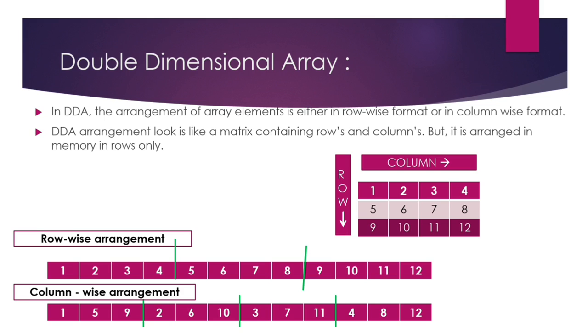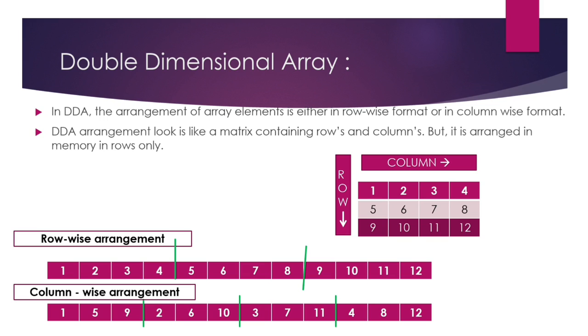Then if I'm talking about columns, we have 4 columns, each a combination of 3 elements. See how we are going to store them. The first column, 1, 5, 9, is in a single row, the column wise arrangement.